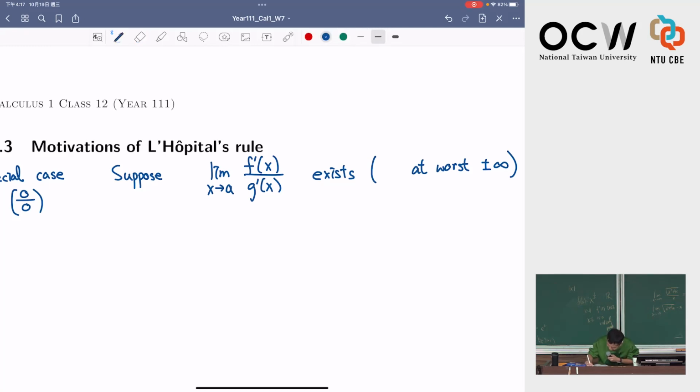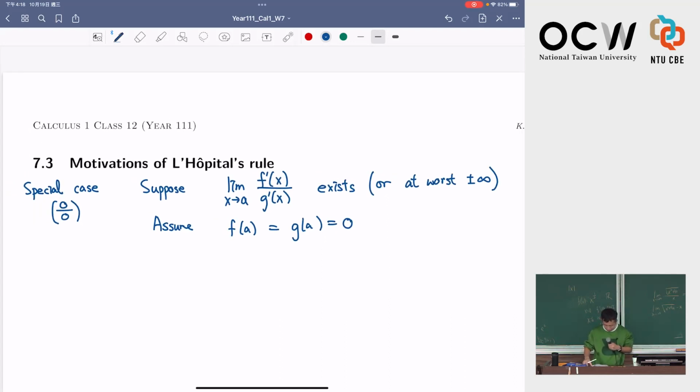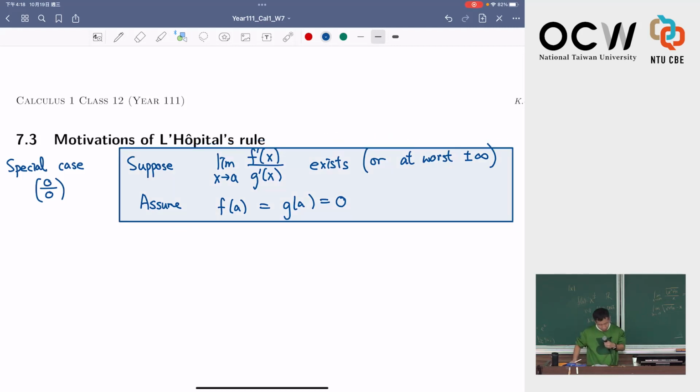We have to assume it's not oscillating. And then what is the 0 over 0 case? That means that I also assume f of a and g of a equal 0. Okay? And then I will use the Cauchy MVT to show you that in this case, I can deduce the L'Hopital rule.